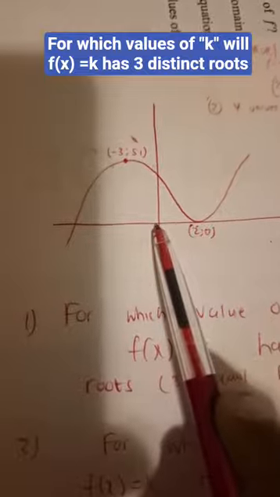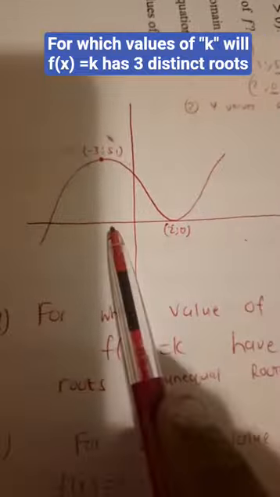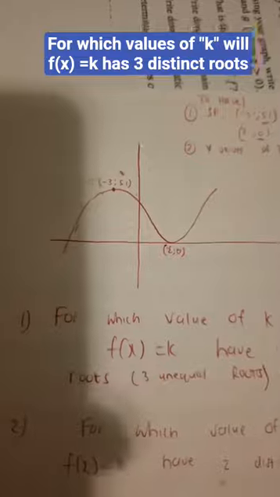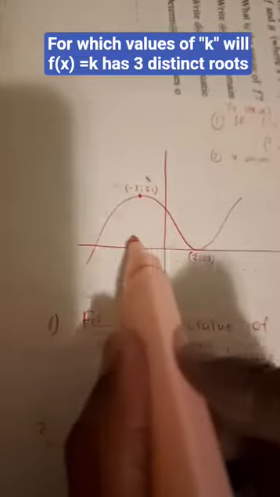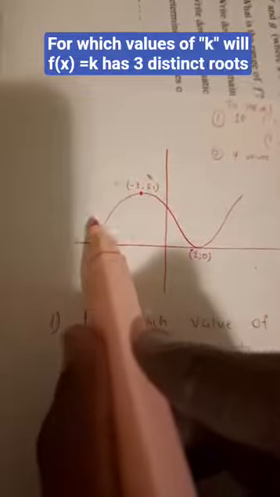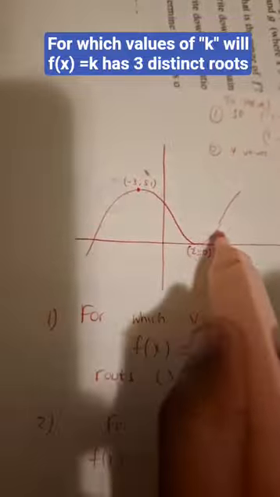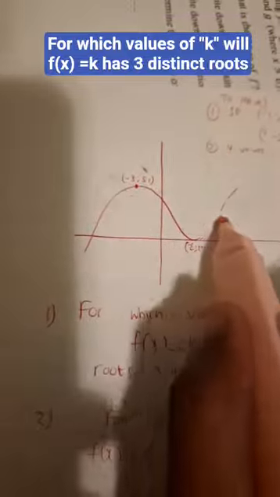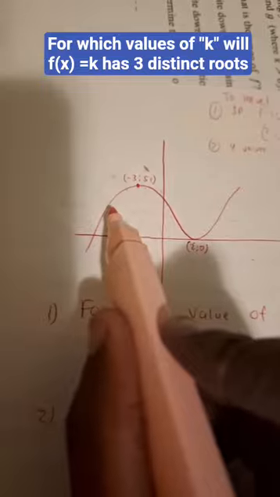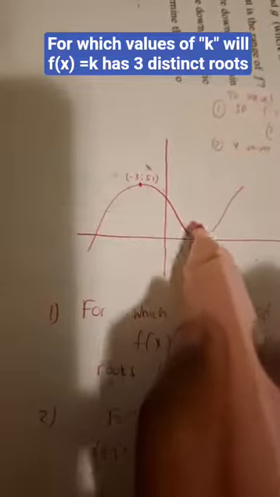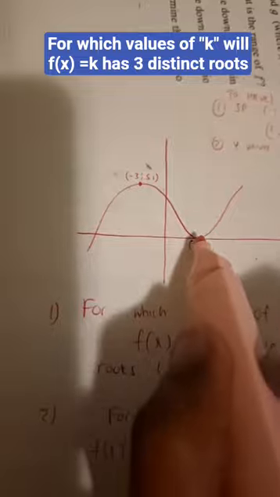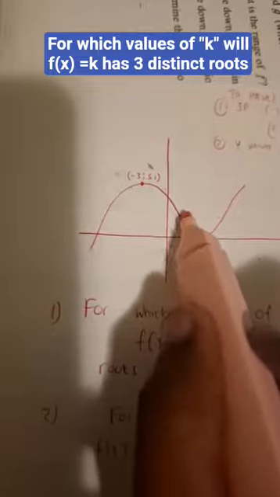If we were to move this horizontal x-axis up, you can see if that line was there, we'd have three distinct roots. Three distinct roots, because the line, the x-axis, cuts through 1, 2, 3. So the minute we are above this turning point, we have those three distinct roots.